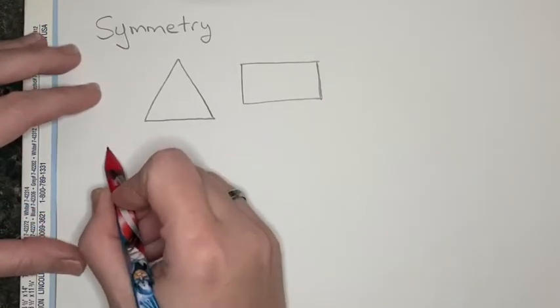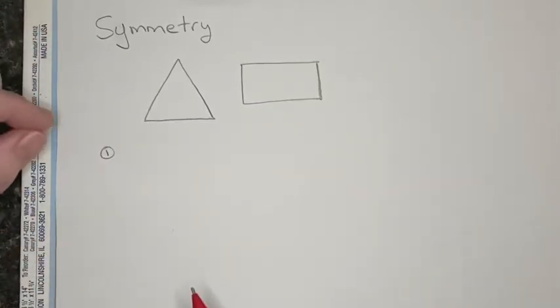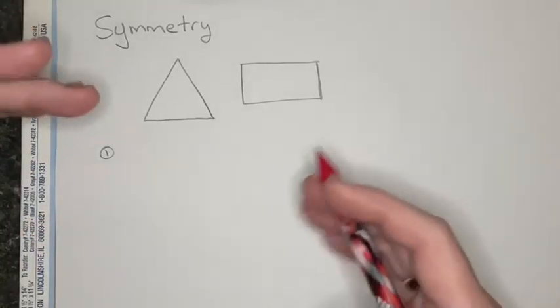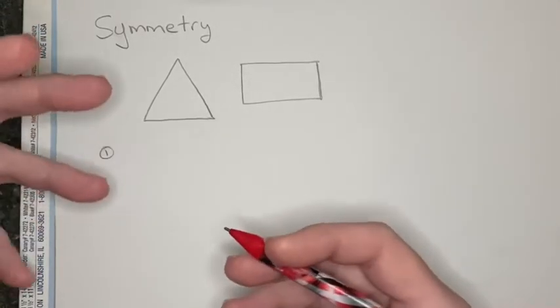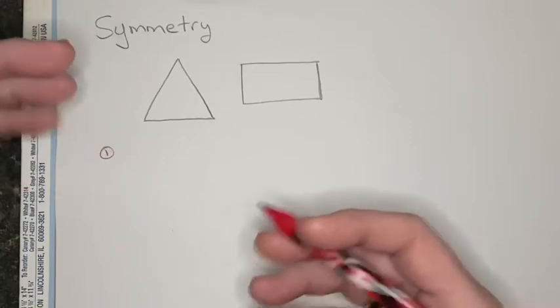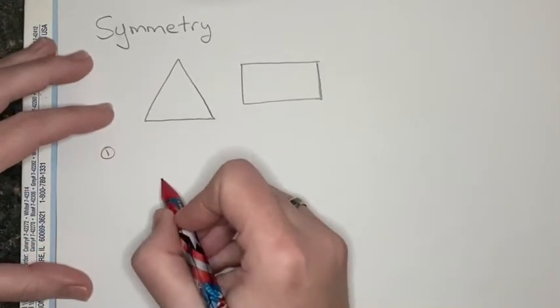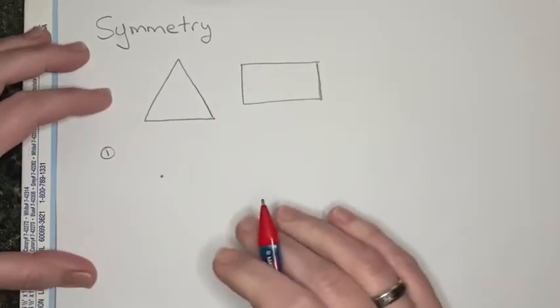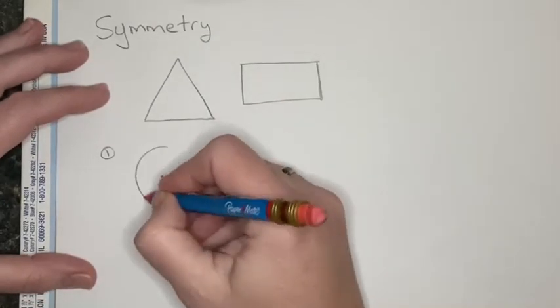Case number one is a figure symmetrical with respect to a point. Now, the example in the book on page 11 gives you a hexagon, but as I am fairly certain I will be incapable of drawing a symmetrical hexagon, I am going to draw a circle.